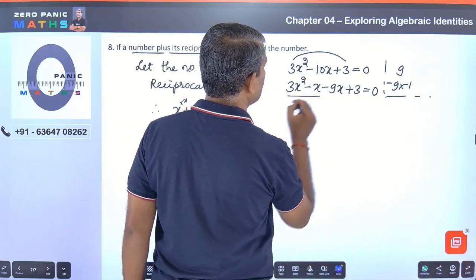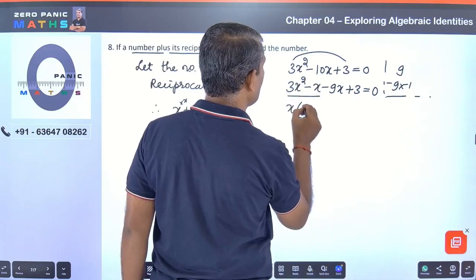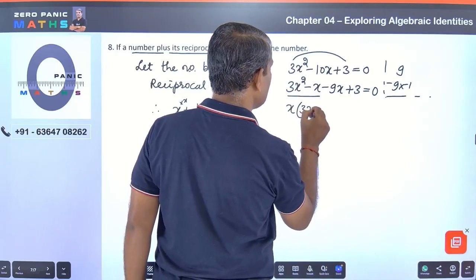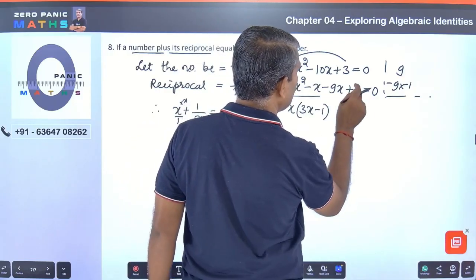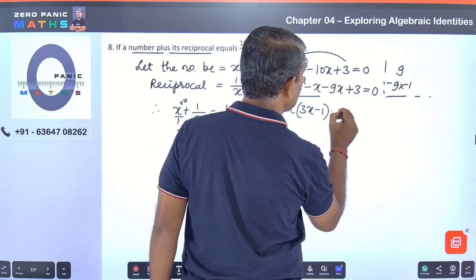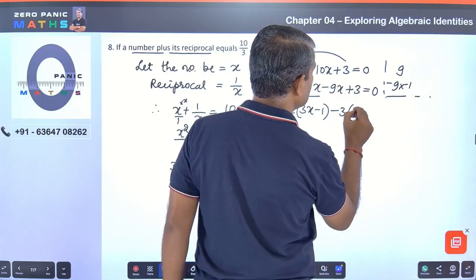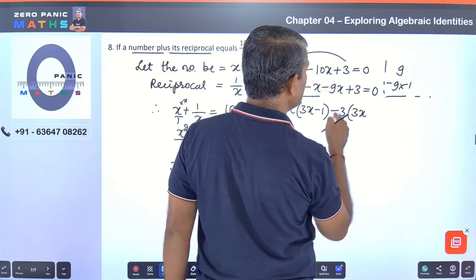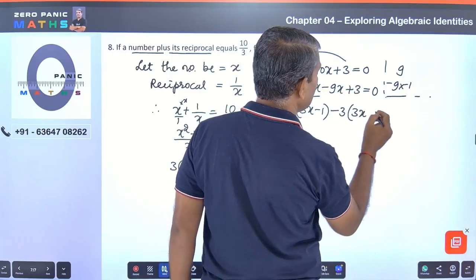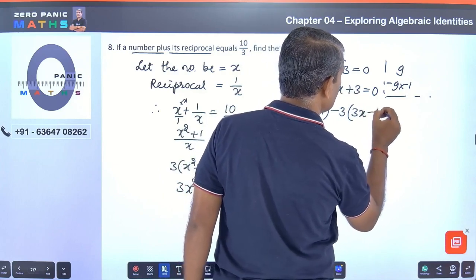From the first two terms, x will be common, and what remains inside is 3x minus 1. From the other two terms, 3 comes out with a negative sign, because there is a negative here. 3 threes are 9, and x remains inside, and there is plus 3 already, so it is minus 3 that came out as common, so it will remain as minus 1.